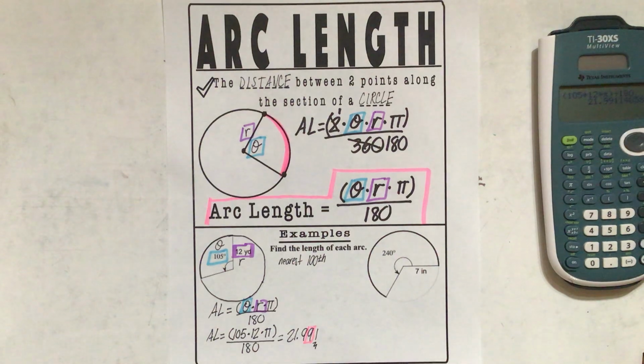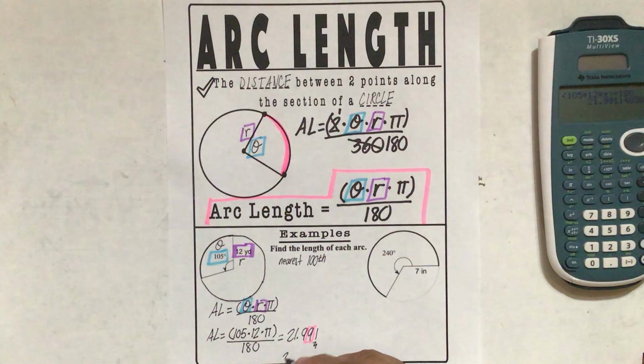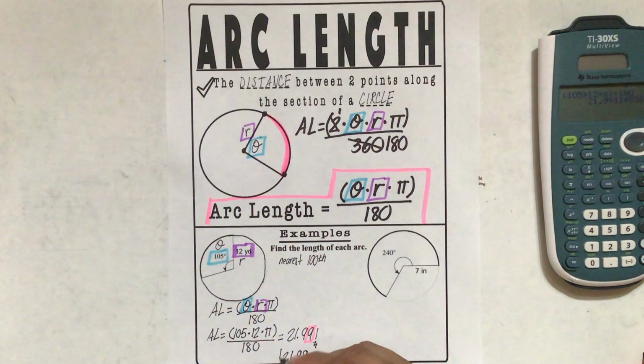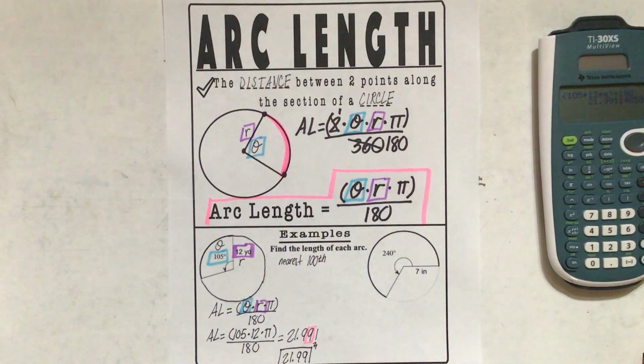This 1 is going to tell this 9 what to do. Since this 1 is less than 5, which is 4, 3, 2, 1, or 0, it's going to tell this 9 to stay the same. So the answer is 21.99. It's going to stay the same, just like that.